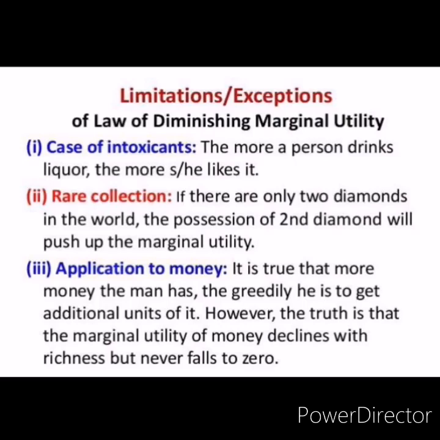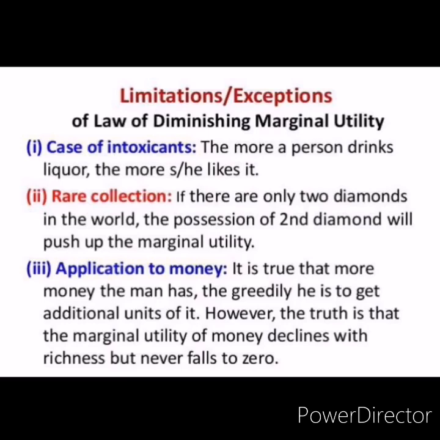Next is rare collection. That means if a person has a habit of collecting different things like diamonds, or coin collection, stamp collection, as more and more that person gets, he will get more satisfaction also. So in this rare collection case also, the law of DMU will not be applicable. Next is application to money.